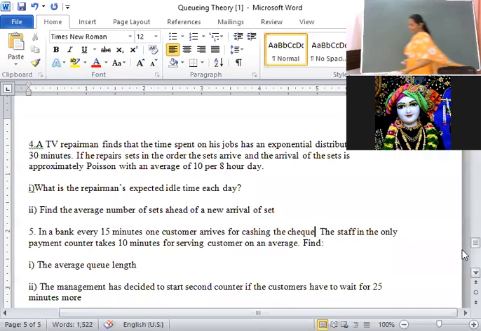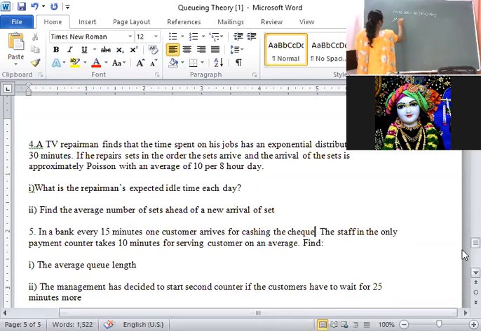Here, mean arrival rate is given. Lambda is given as 10 sets per 8-hour day. Then here, mu is given in terms of minutes, so it is better to convert in terms of hours.